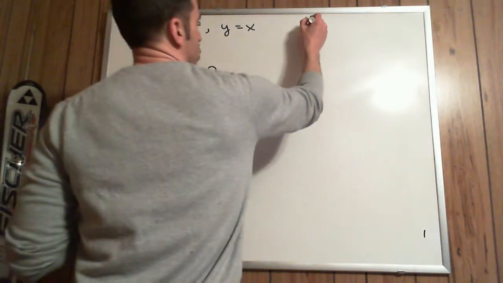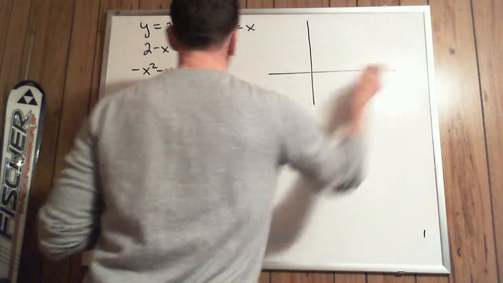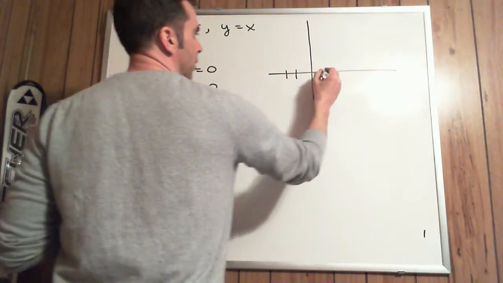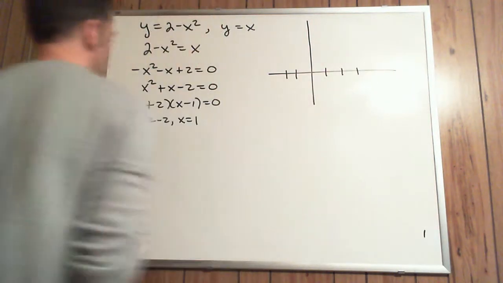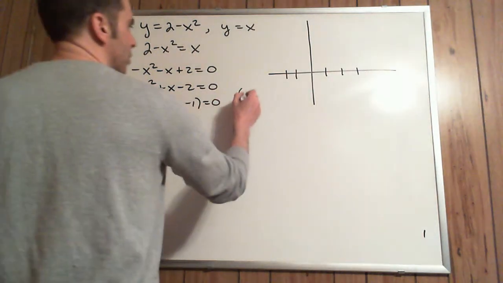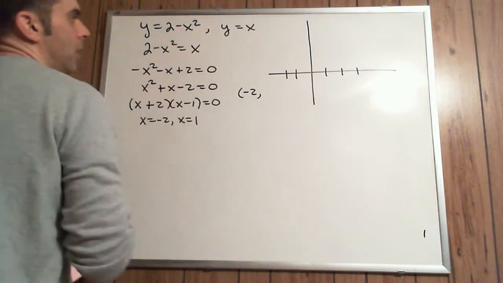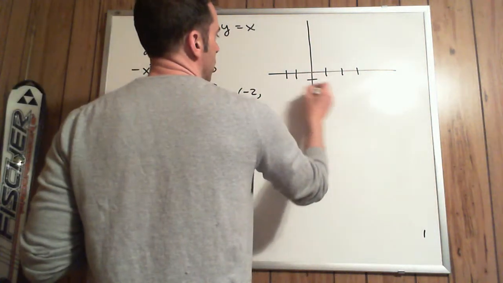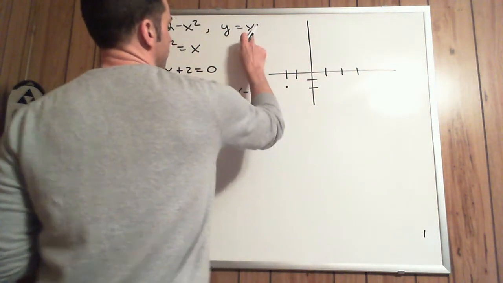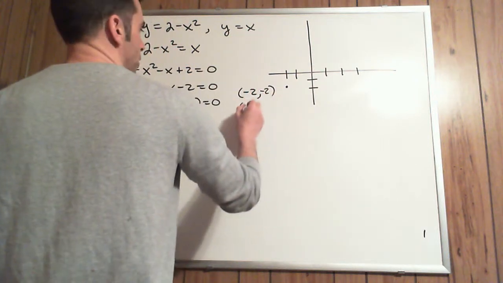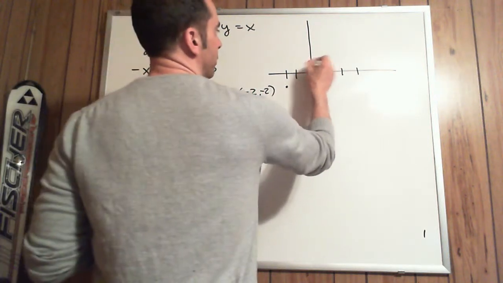So now we need a sketch. We're going to pick x is negative 2 and x is 1. When x is negative 2, I can put that into either equation. So when x is negative 2, so is y, negative 2. When x is 1, so is y, 1.